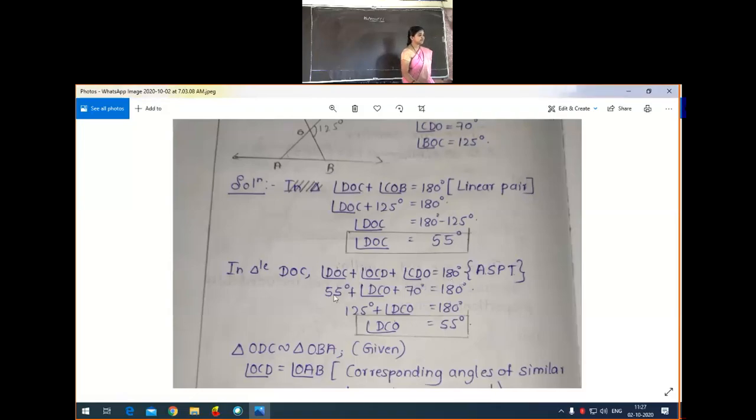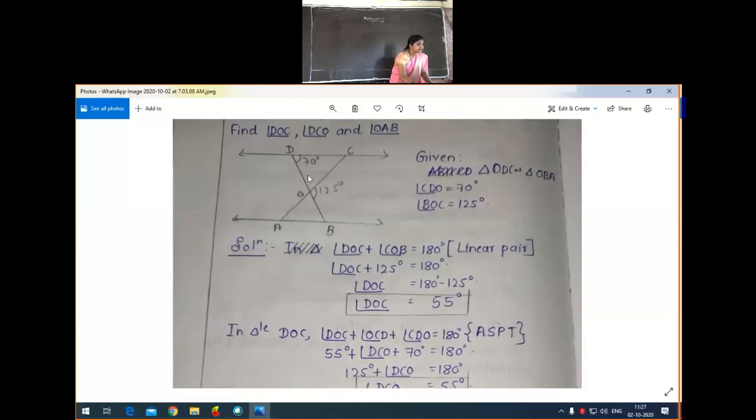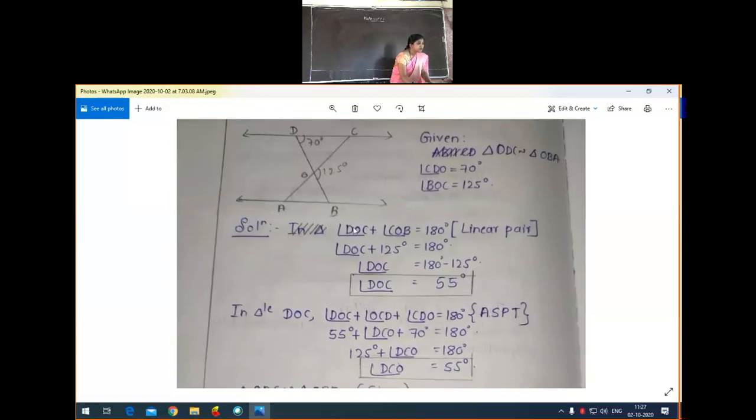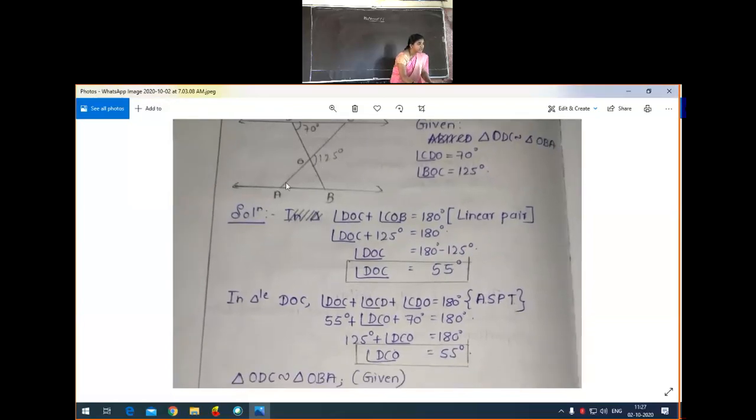That is, 55 plus DCO plus 70 is equal to 180. After the calculation, you will get DCO is equal to 55 degrees. Now you got the three angles, right? This one 70, this one 55, and this one is also 55. Now the remaining one we have to find out.